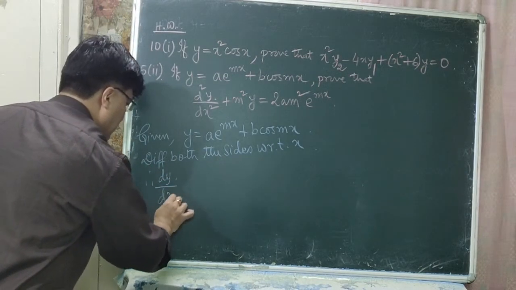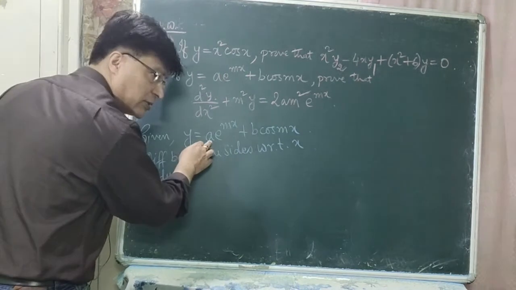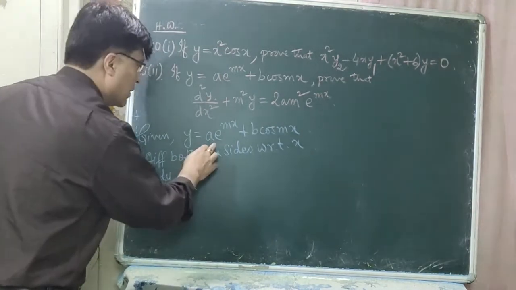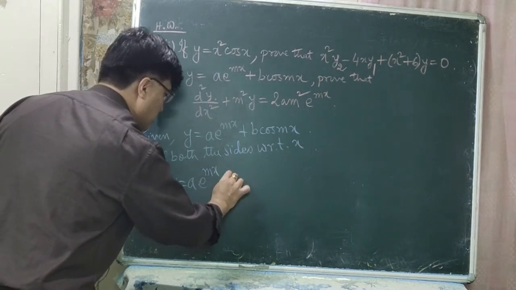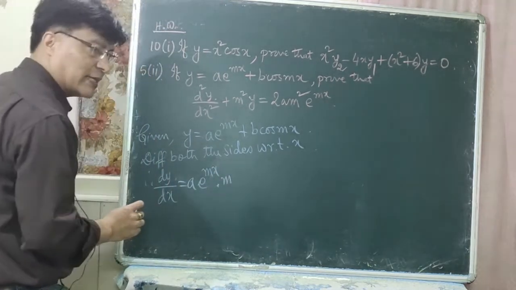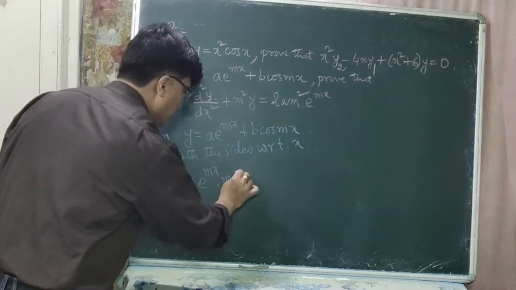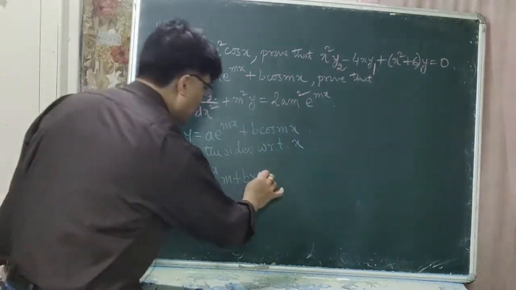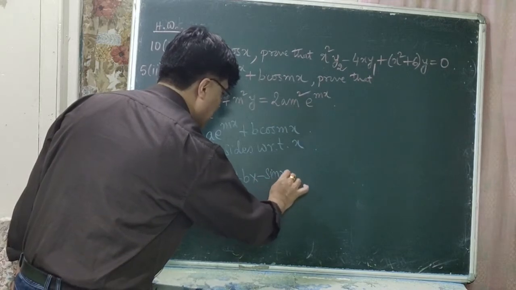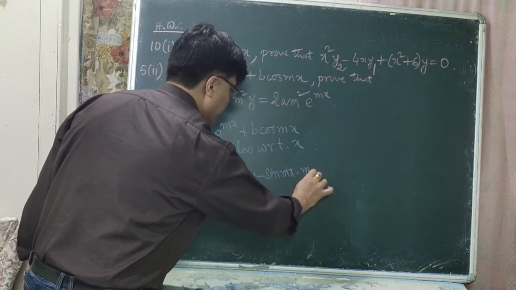So dy by dx is equal to, in this case a is constant, so a is kept as it is. What is the differentiation of e to the power mx? e to the power mx into m. Is that clear? Plus b into, what is the differentiation of cos mx? Minus sin mx into m.